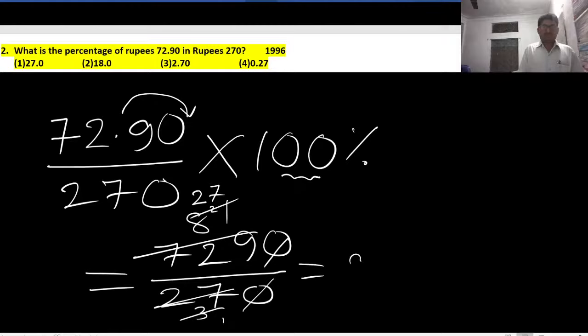So 27 percentage. 27 can be written as 27.0% also. So this is the first option.